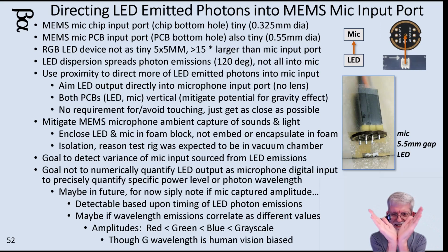If I did 60 and 60, there's 120. So if I take the LED emitting light and I put it directly in front of that little tiny microphone hole, not all of the photons coming out of the LED are going to be hitting the microphone's input. So I have to get that light as close as possible without touching it, without electrically contacting it. So the LED producing the photons was 5.5 millimeters away from the microphone input port.